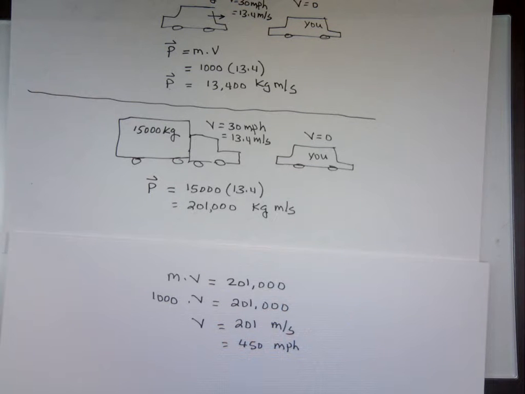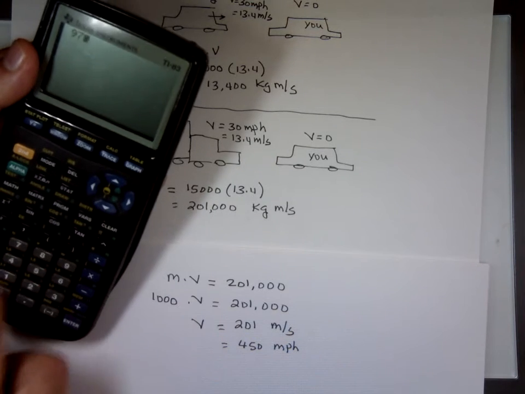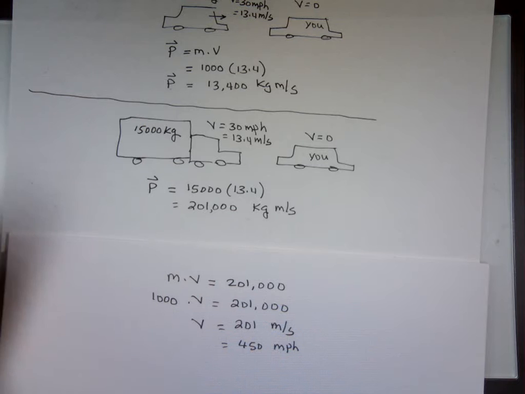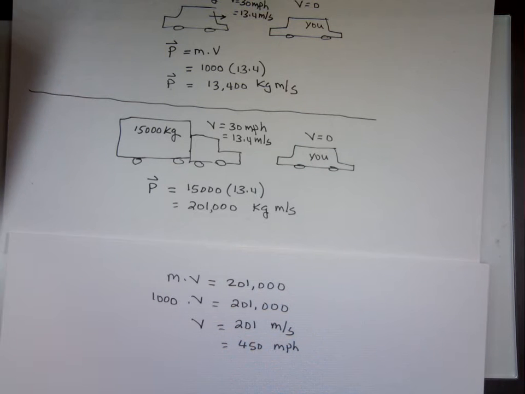Can you see the numbers? 970,000 pounds. The 747 fully loaded is projected to be 970,000 pounds. So divide that, 970,000, let me just switch back here. 970,000 divided by 2.24.